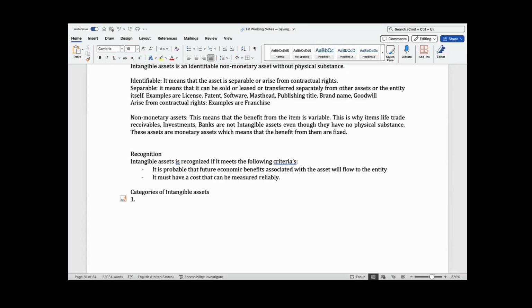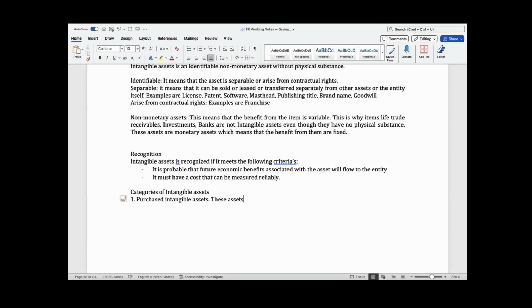So number one is purchased intangible assets. When you have a purchased intangible asset, these are assets that you actually bought, the intangible asset that you acquired yourself, that you paid for, right?